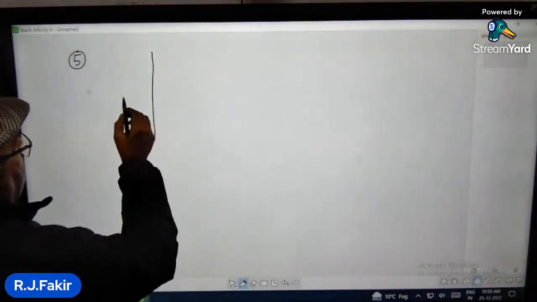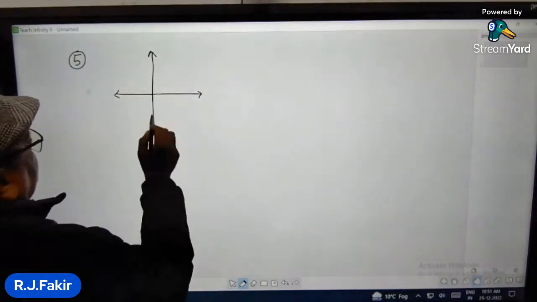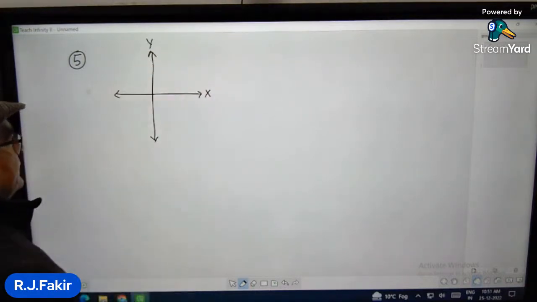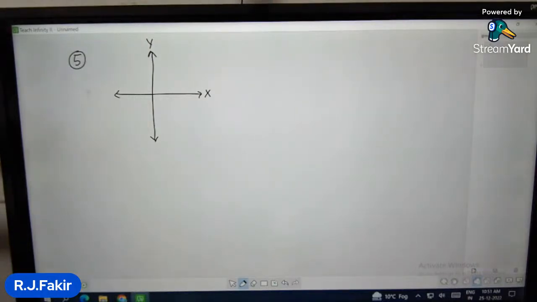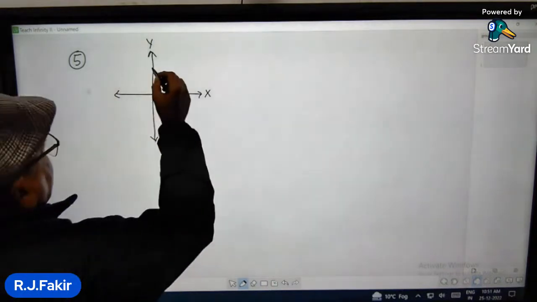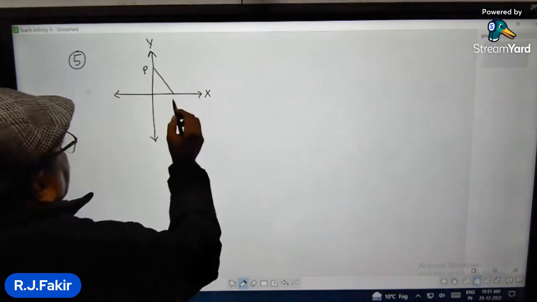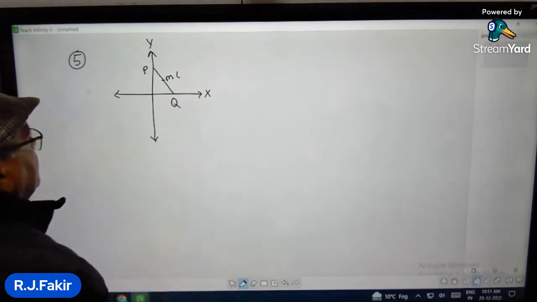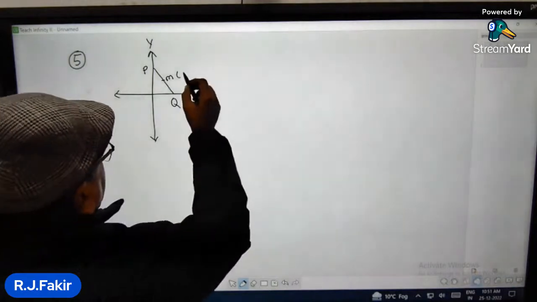So always when you get such kind of question, draw the x-axis and y-axis, and as per the given information, the line PQ is somewhat here. Here is P, this is Q, and the midpoint M, which is given to us, that is 2 comma minus 5.